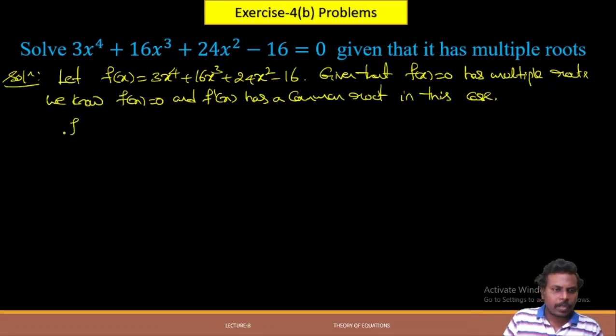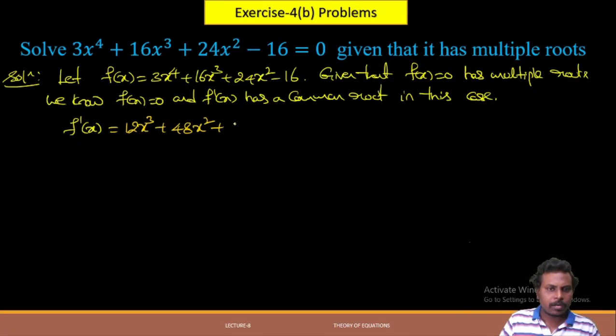Now let us find out f dash x. So f dash x is equal to 12x cube plus 48x square plus 48x. Okay, so let us solve.